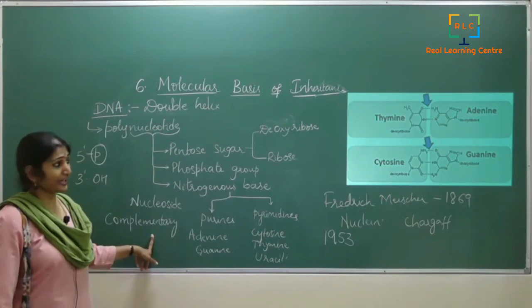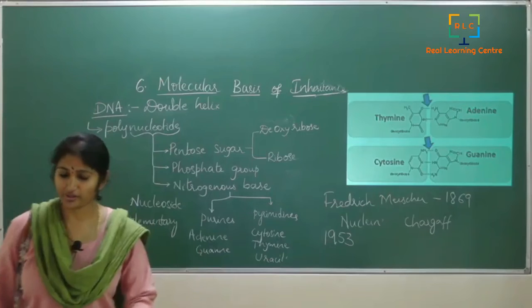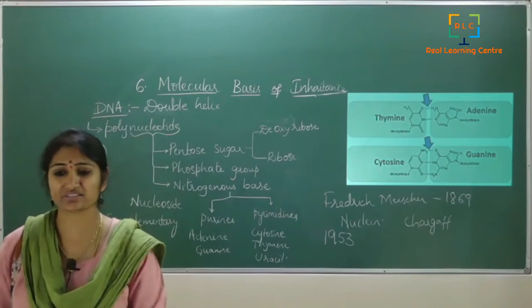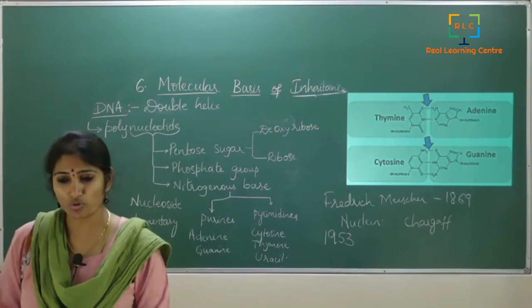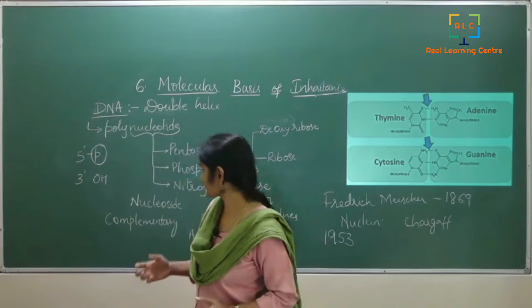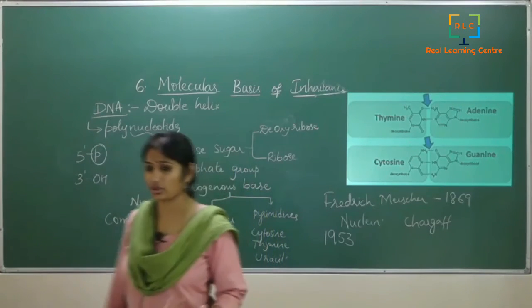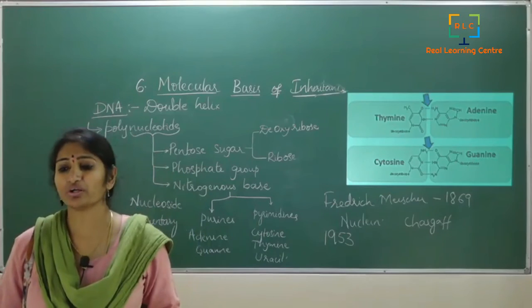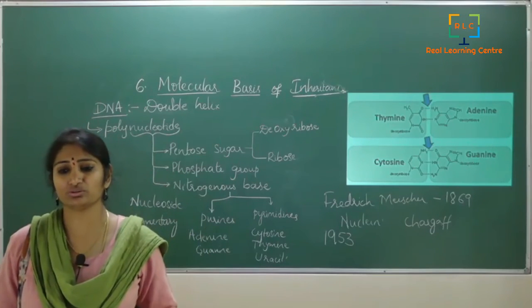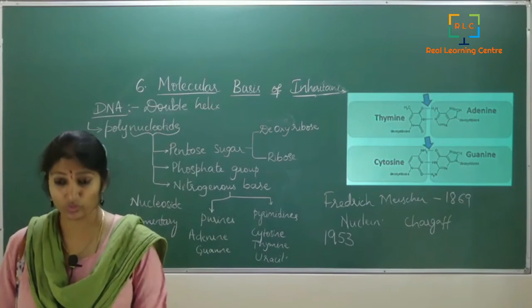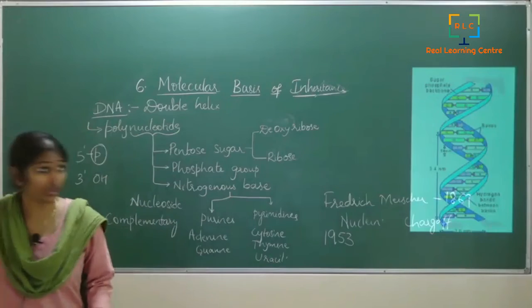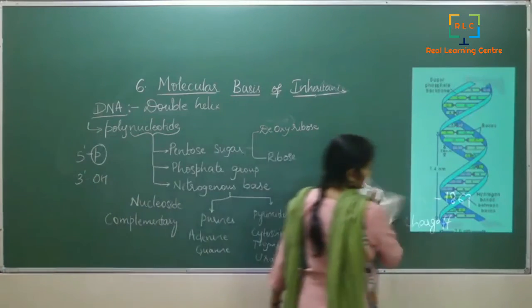Yes, in fact this is the basis for how the DNA replicates and transcribes and so on. So most of the functions of the DNA as a genetic material are attributed to its complementary nature. Okay, so this is about the DNA. Now let us study the structure of the DNA.